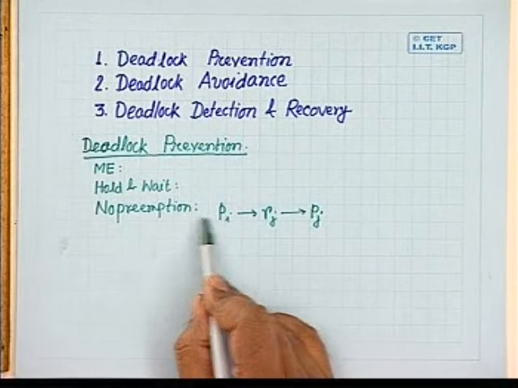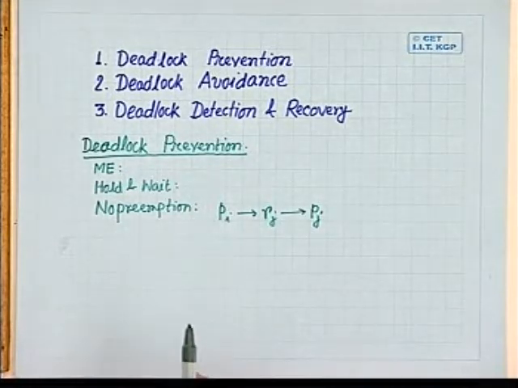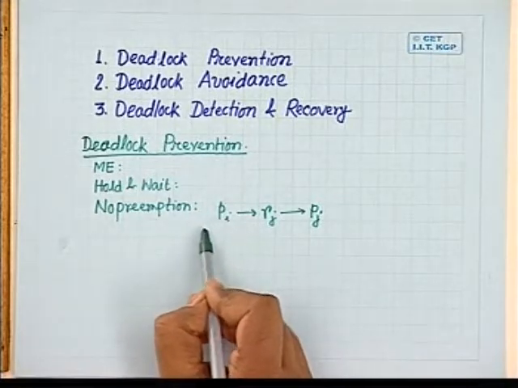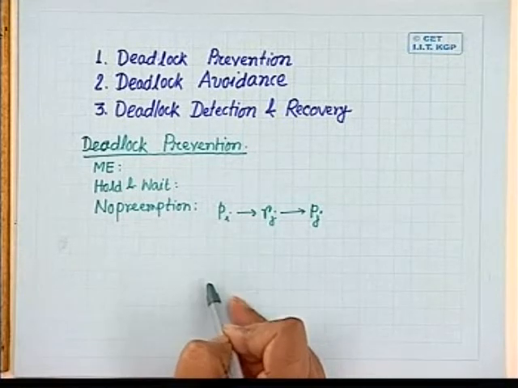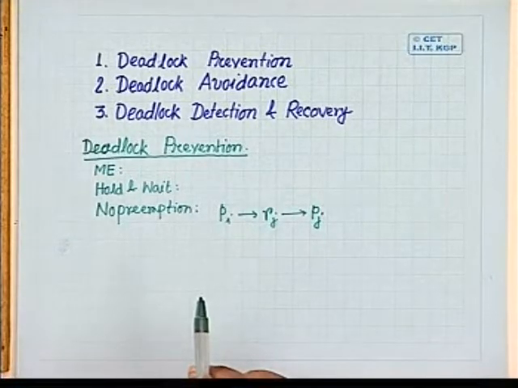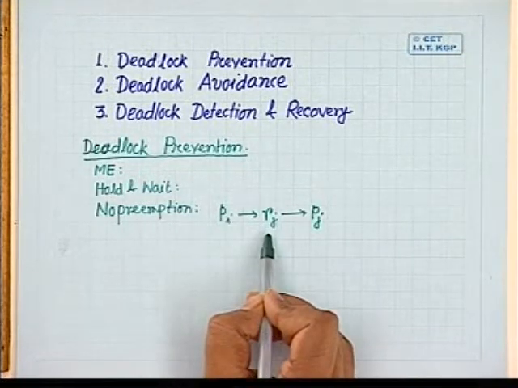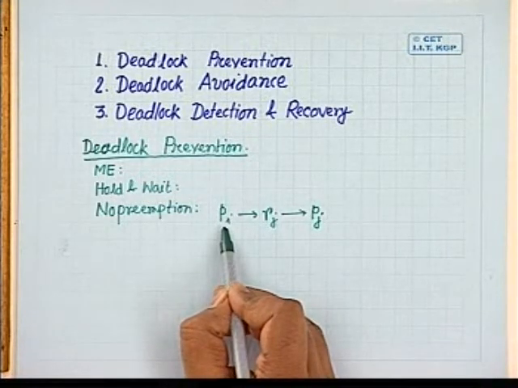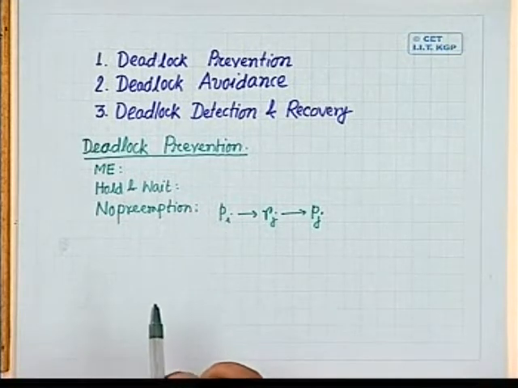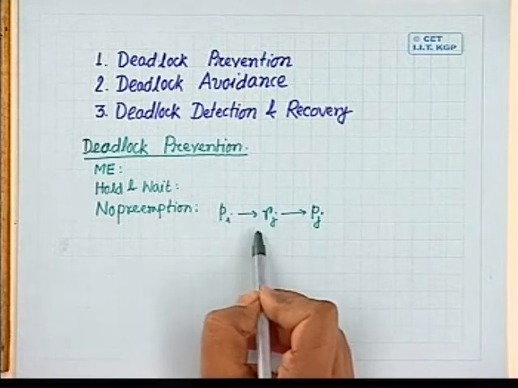If process Pi is holding some resource, we'll ask process Pi to release those resources forcibly. Okay. And that resource which is now released is added to the list of resources which will be requested by Pi in future. Because Pi has to wait for the release of Rj, I will not allow Pi to hold any resource at this point. However, if Pi is not to wait for this resource Rj, then I don't have any problem.